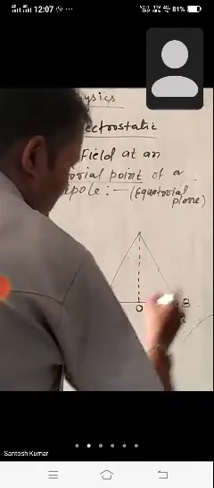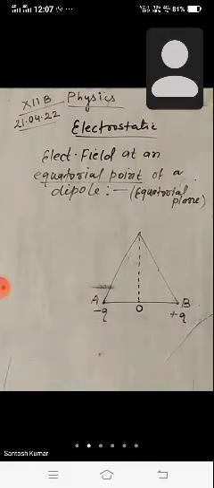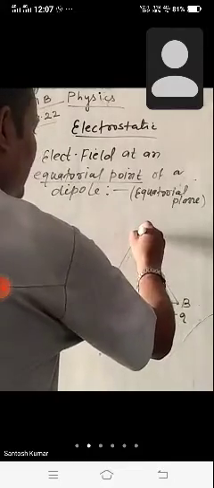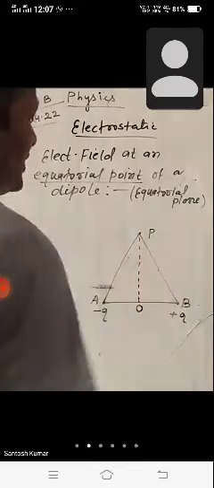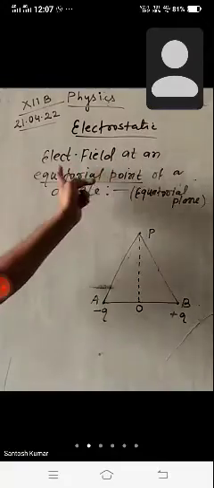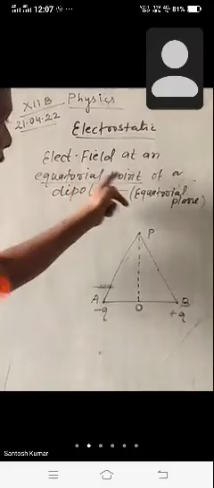We have gone through the equatorial, triangle, equilateral, many more we have learned. So at this point, this is the point P this time. This point P is simply the equatorial point of this dipole.